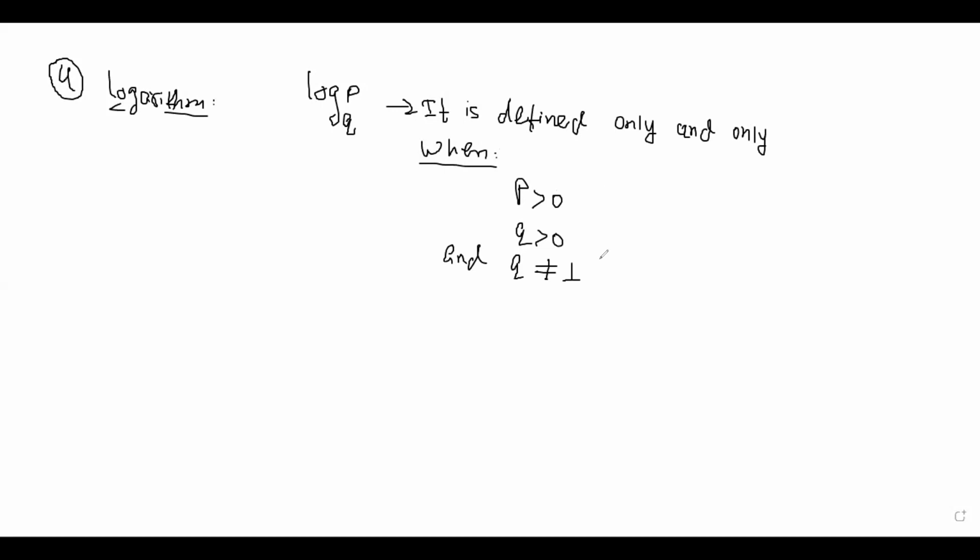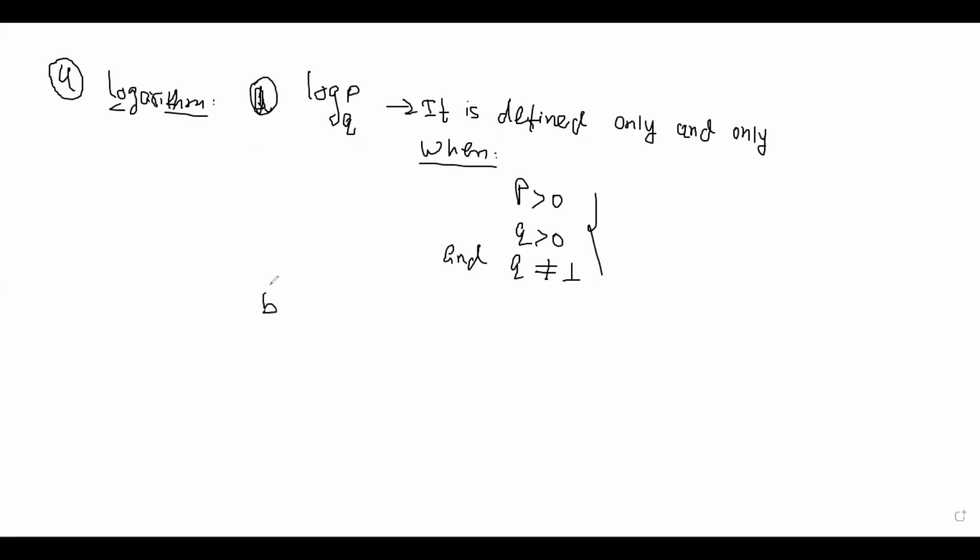When all three parts occur simultaneously, then log P base Q is defined. Otherwise, it is not defined. Got it? Write down fast. The concept must be clear. This is the first part, you can write A, Q not equal to 1.